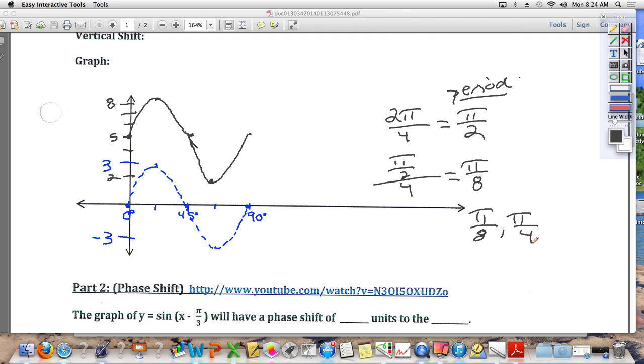And then you would add on another pi over 8, which would bring you to 3 pi over 8. And then after that, you would add on another pi over 8, which would bring you to 4 pi over 8. Well, what is 4 over 8? 1/2. It's a half, which brings you back to your 90 degrees.